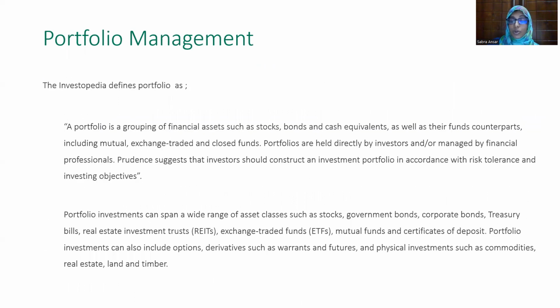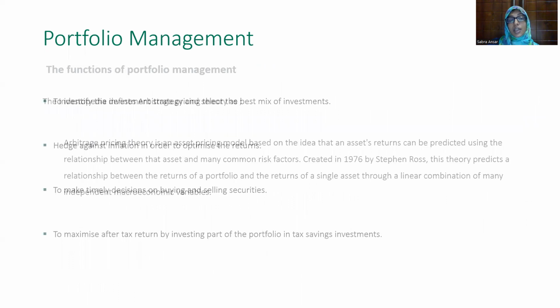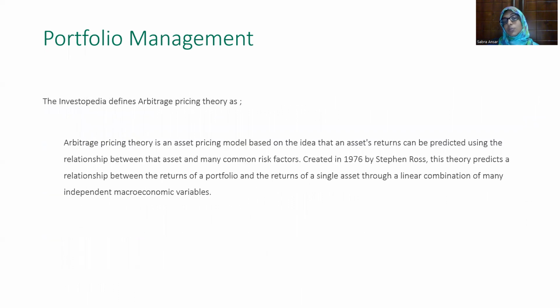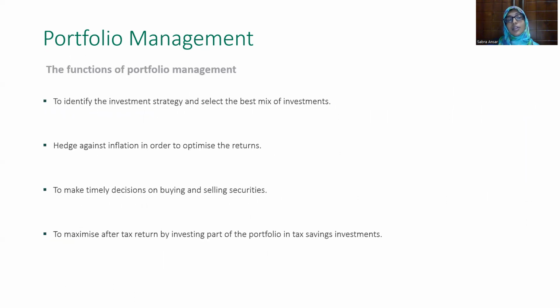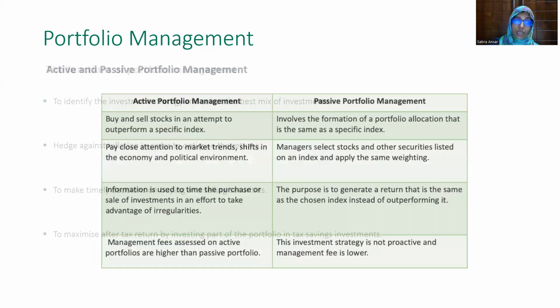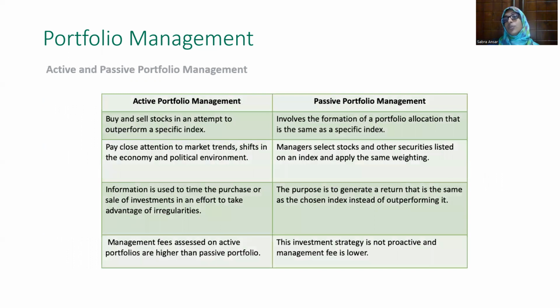Thereafter, we spoke about portfolio management, what it is, and about arbitrage pricing theory. And then we spoke about the functions of portfolio management. And thereafter, we finally summarized using active portfolio management and passive portfolio management, where we tried our best to give you a summary of both and how each would differ.